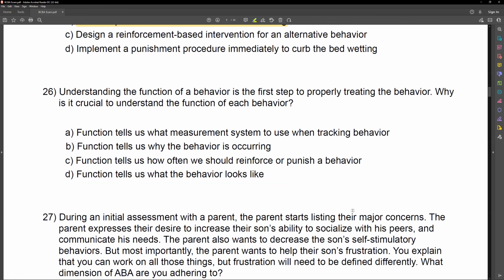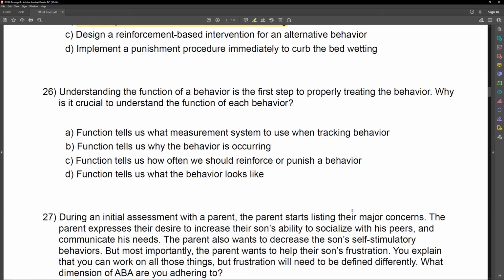Not necessarily, right? We're going to choose measurement based on resources, ability, what the behavior looks like, okay? Function doesn't necessarily guide the measurement system. Just because the function's for attention doesn't automatically mean I'm going to use a certain measurement, okay? So A is not crucial.